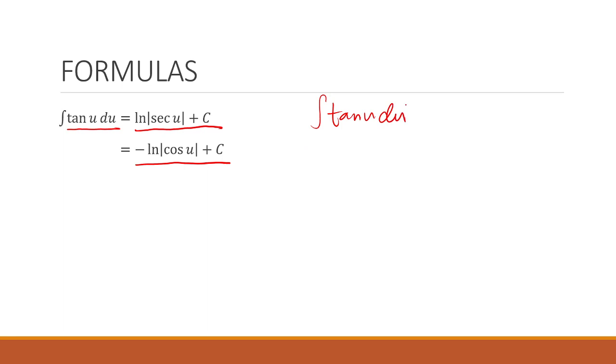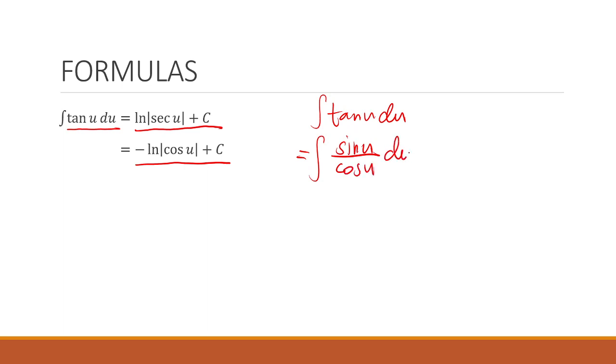Okay, so we'll start from scratch kumbaga. All right, so again, for this integral of tangent and for cotangent, we apply ratio identity. Okay, so for this particular example, tangent is equivalent to sine of u over cosine of u. Tama ba?